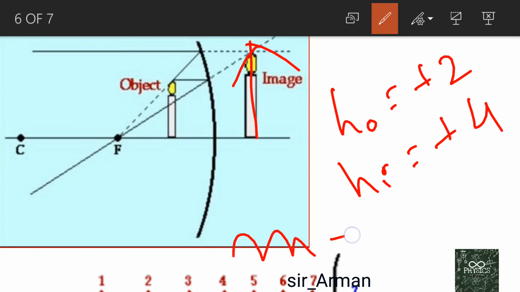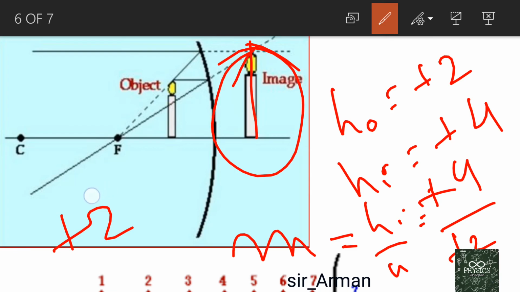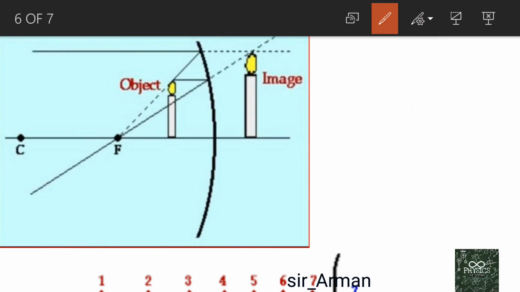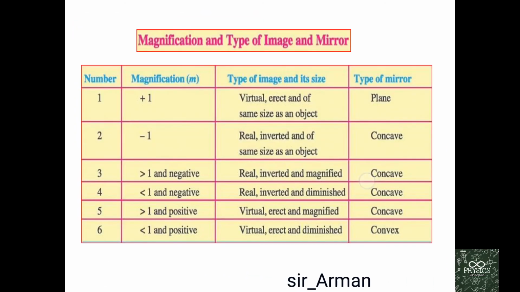So M is equal to HI by HO, that is plus 4 by plus 2. So we will get plus 2, that is the image is 2 times magnified. See, 2 indicates the image is 2 times larger and plus indicates the image is virtual. So in this case the image is behind the mirror, right? So here we can verify this case, right?